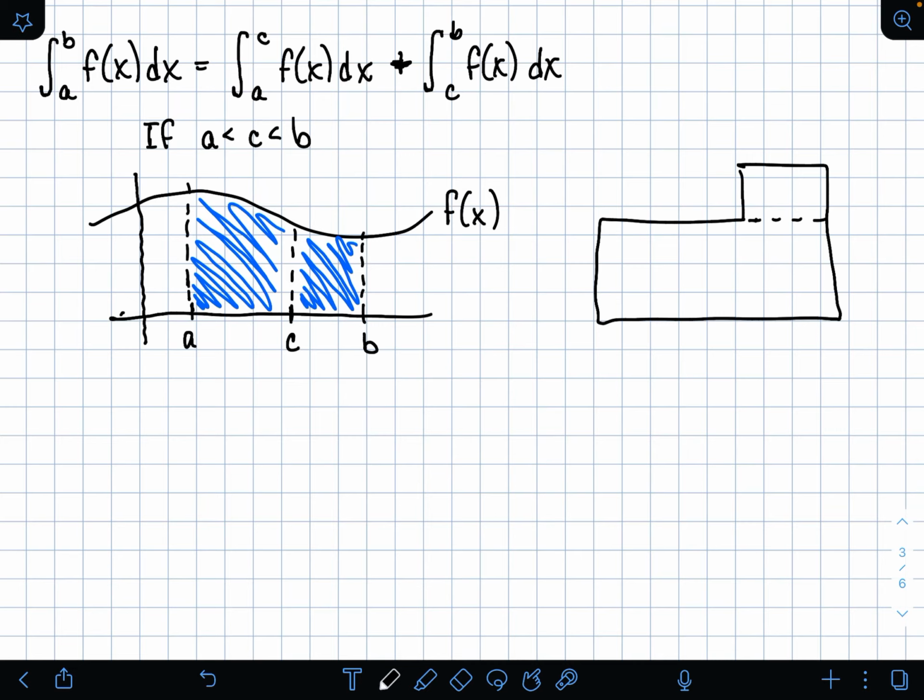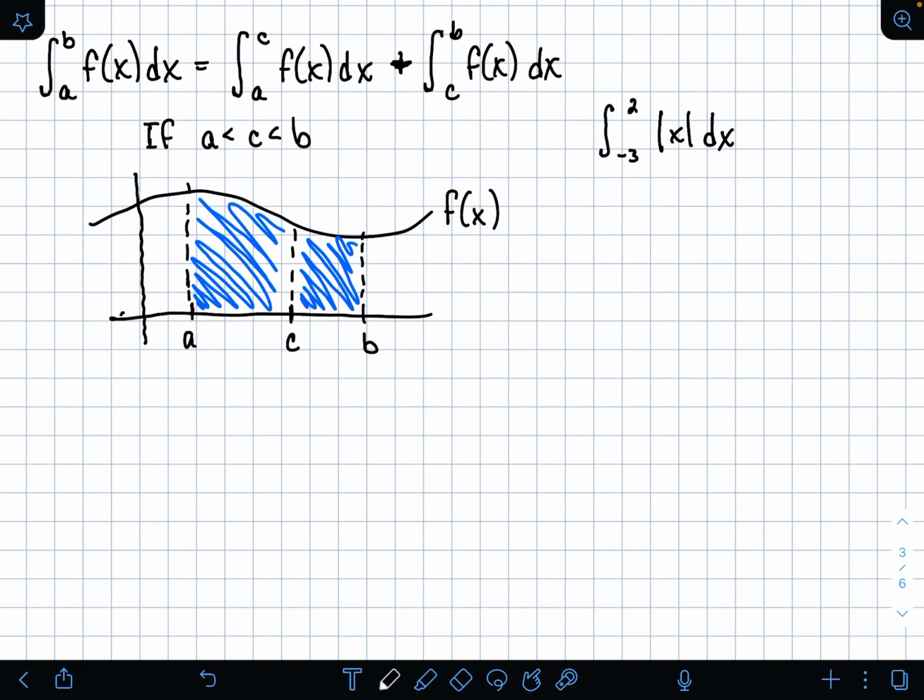Now again, would you choose to just arbitrarily split up a region like that? Probably not. It seems like a lot of work to take something that could be done with a single integral and split it up into two. But there are times you might not have that choice, such as an absolute value function.